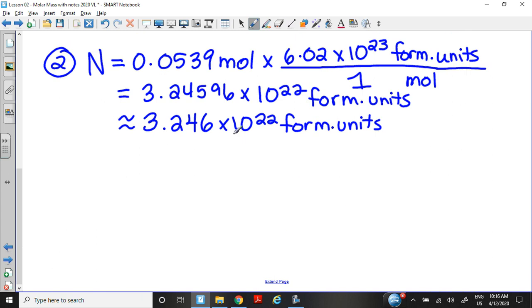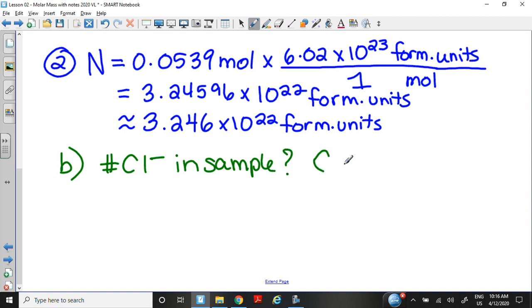So we've got this many formula units. So we want to know how many chloride ions are in our sample. So how do we do this? We need to look at our formula here to get one more ratio relationship.